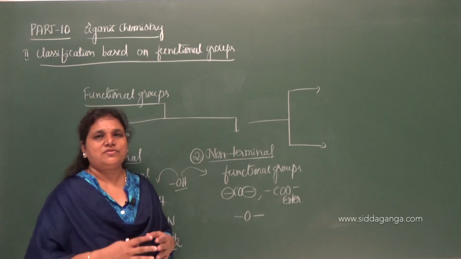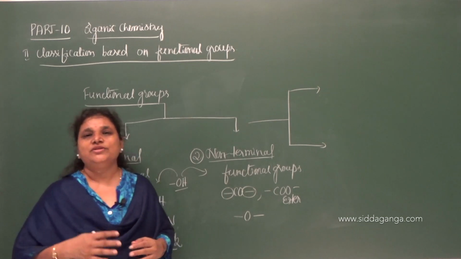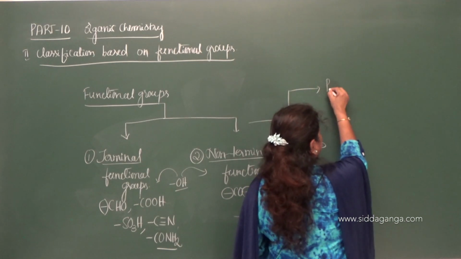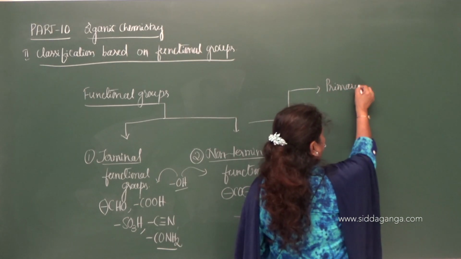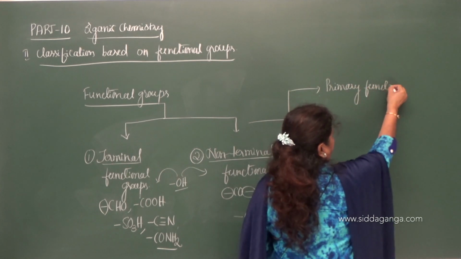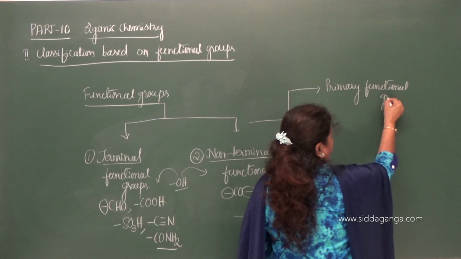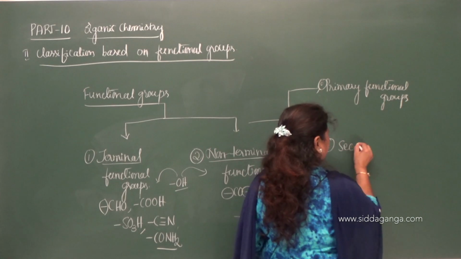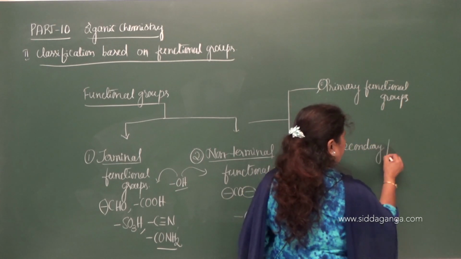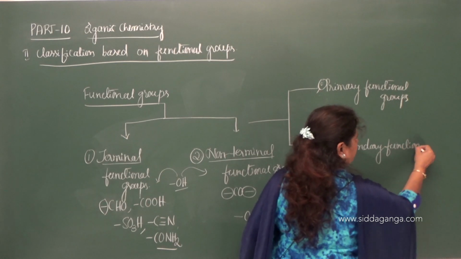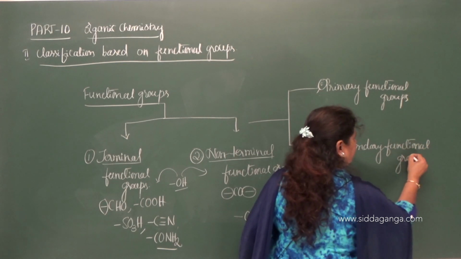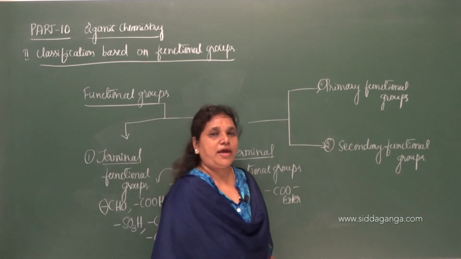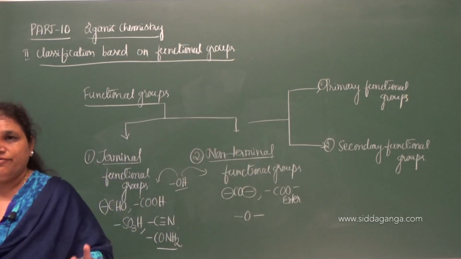Depending on the priority given to the functional groups, we can classify the functional groups again into two types, that is primary functional groups, and the second one secondary functional groups. Primary functional groups, secondary functional groups. So this classification is based on priority for the functional groups.